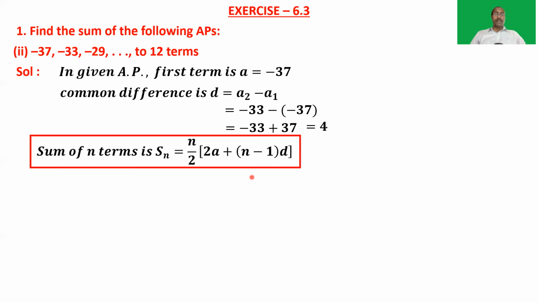And the sum of n terms is Sn is equal to n by 2 into (2a plus (n minus 1) into d). Now we have n is equal to 12, a is equal to minus 37, d is equal to 4.